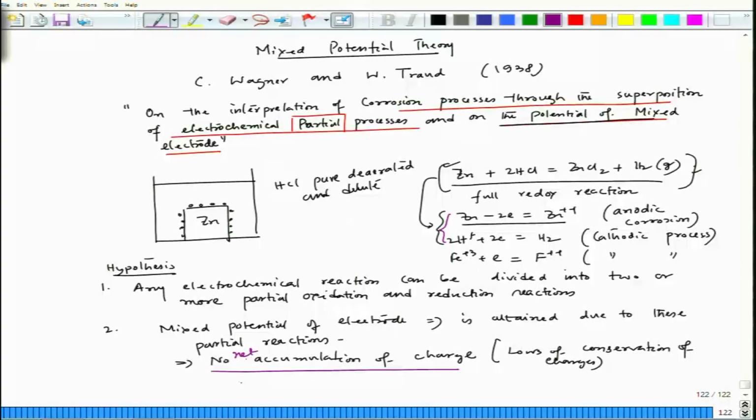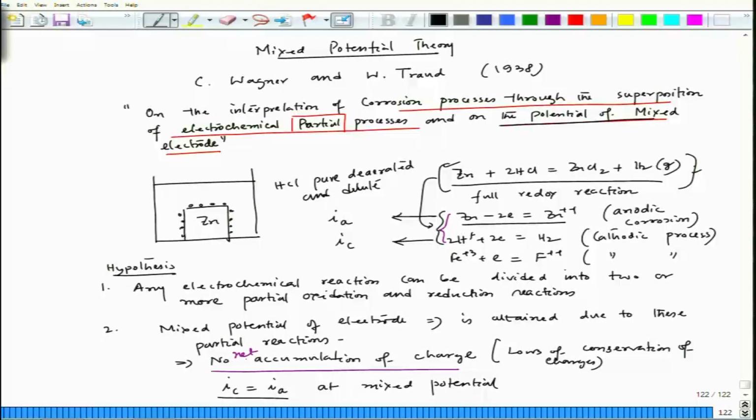In that case, for this reaction there could be a current IA, which is the anodic current density for the anodic process, and for this reaction there should be IC, which is the cathodic current density. In that case, IC should be equal to IA at mixed potential. So, this is the second hypothesis.